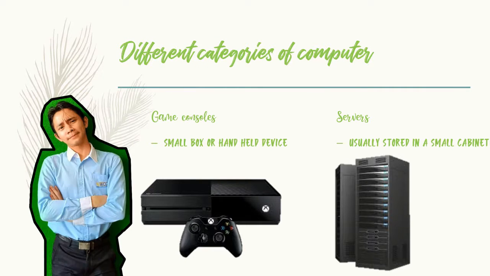Game consoles are small boxes or handheld devices, just like the PS4 and PS3. The servers are usually stored in a small cabinet and used in a company, like, I think, Oracle in the USA.